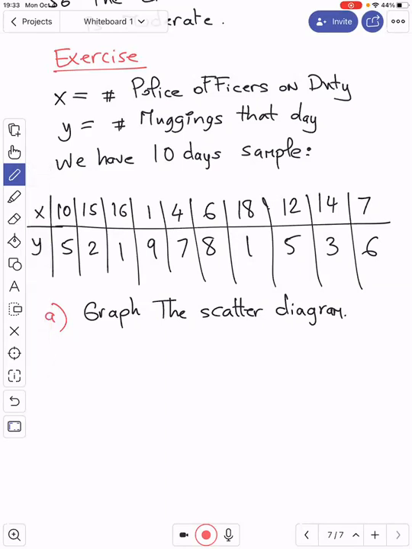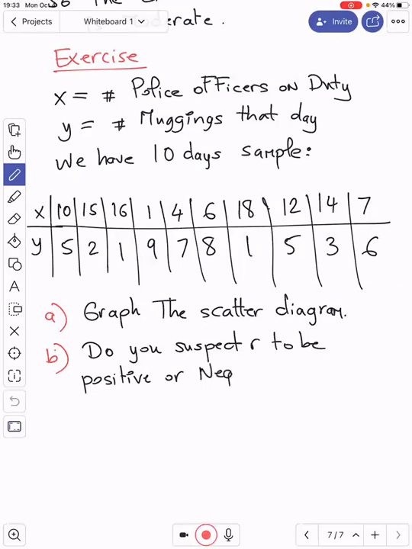In B, just from the scatter diagram, do you suspect R to be positive or negative? Just from the scatter diagram.